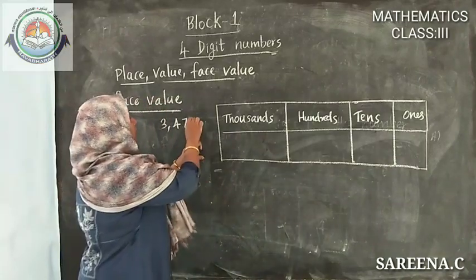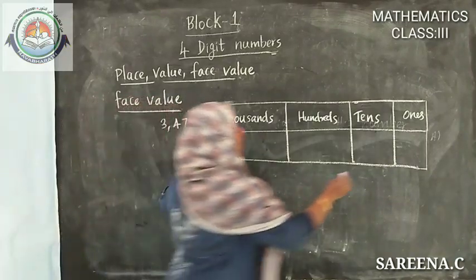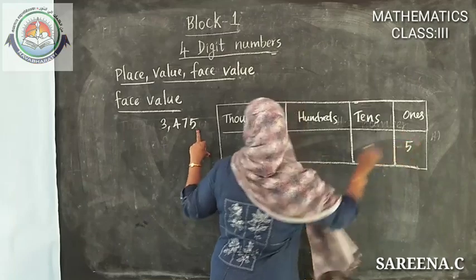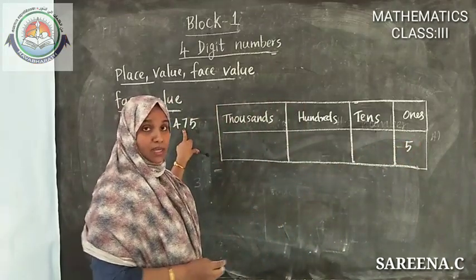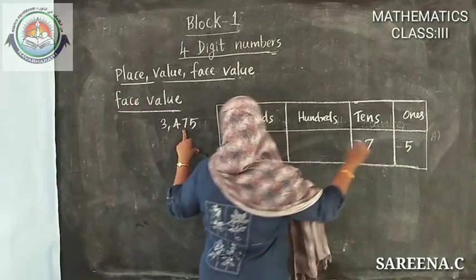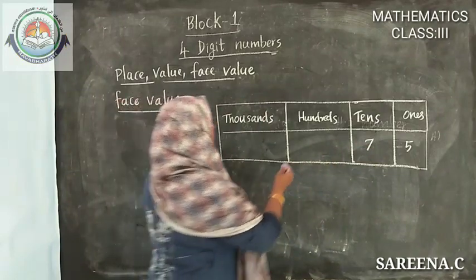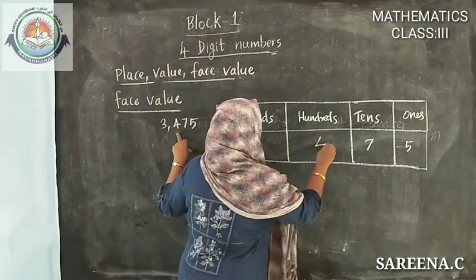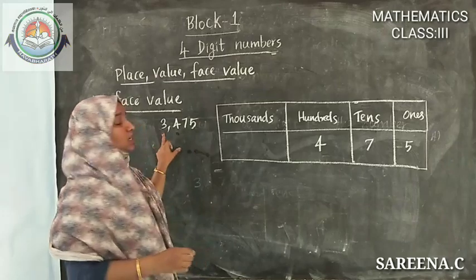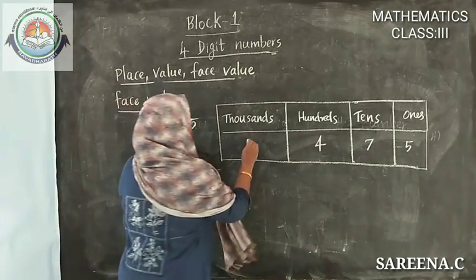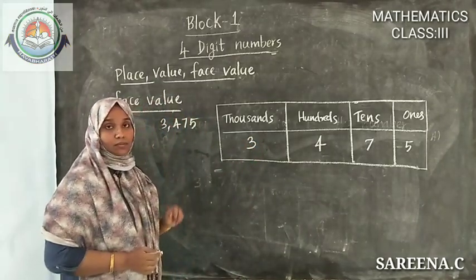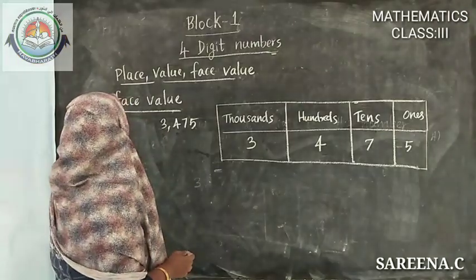And here the number is 5. In ones place it is 5, and in tens place the digit is 7, and in hundreds place the digit is 4, and in thousands place the digit is 3. Okay.